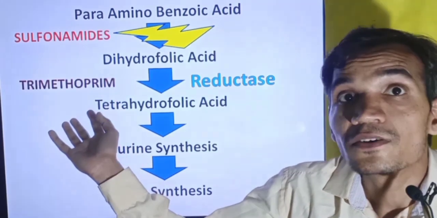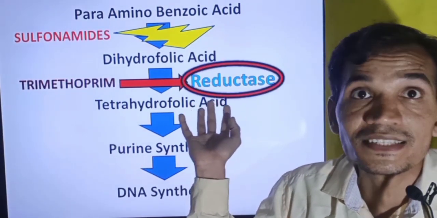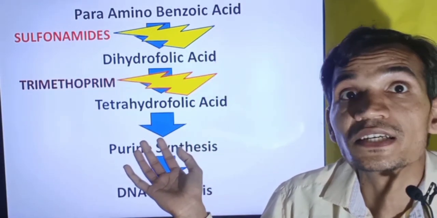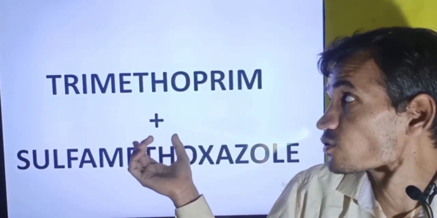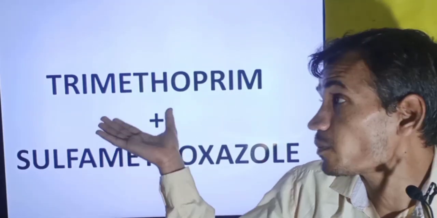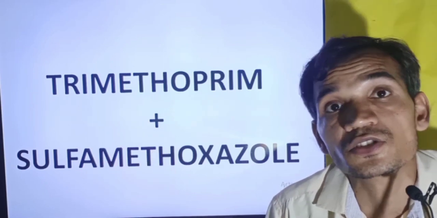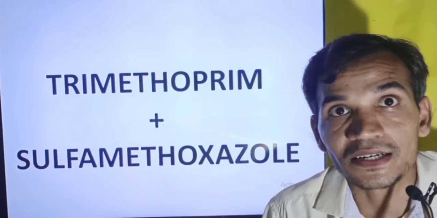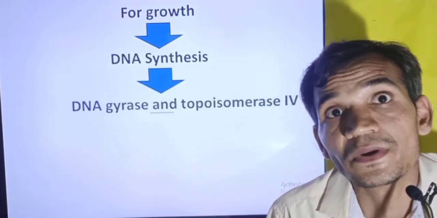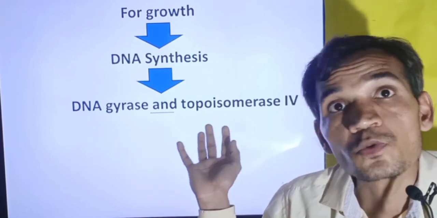Trimethoprim is another kind of drug which targets the reductase enzyme and stops the formation of tetrahydrofolic acid. The combination of both drugs is so strong in controlling urinary tract infection. That's why the combination trimethoprim and sulfamethoxazole is available in the market. Moving towards growth: for growth, bacteria need DNA synthesis, and DNA synthesis depends on enzymes like DNA gyrase and topoisomerase.